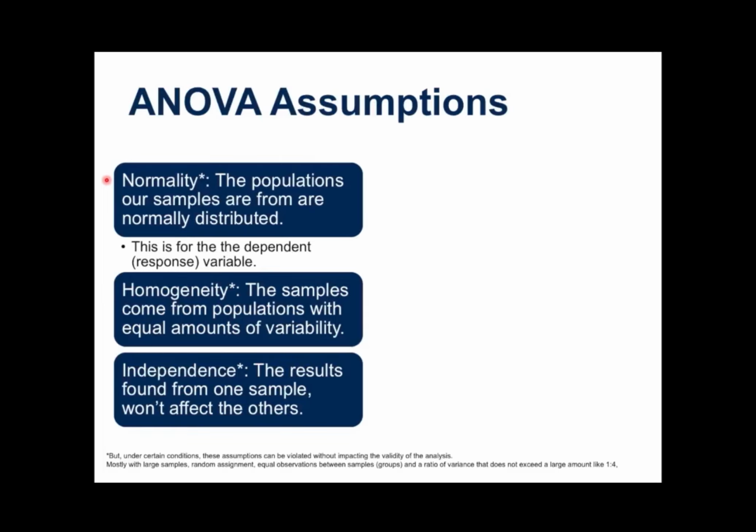So for us to apply ANOVA appropriately, we would want the wages to be normally distributed in the population that the sample is from. We would also want homogeneity of variance. This is to say that the samples we're taking and the subsamples have equal amounts of variability. So in our example, we would want to assume that the subpopulations of London, Paris, and Munich also have equal amounts of variability.